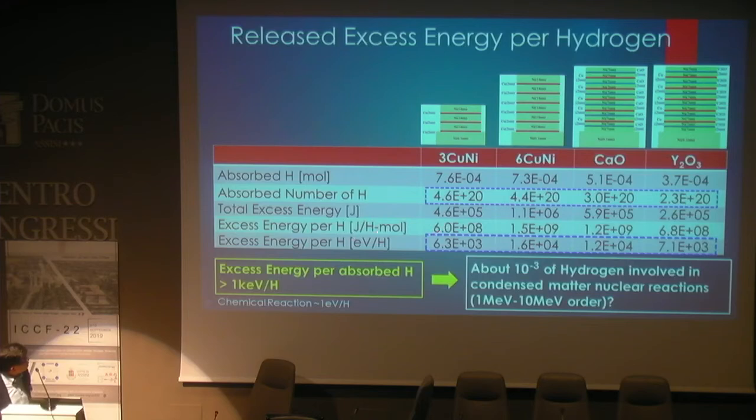But excess energy per hydrogen is here. In this case, 6.3 keV and 16 keV, very large. So usually chemical reactions release at most 1 electron volt per hydrogen. So in this case, keV order.